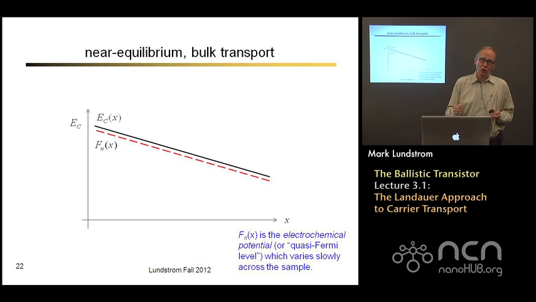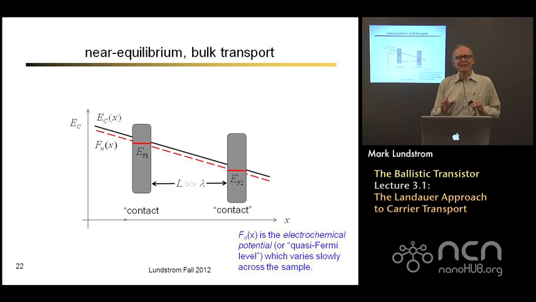If I apply a small bias to that very long resistor, I'm near equilibrium everywhere. So let me conceptually do something. Let me define this region that's near equilibrium as contact 2, and this region that's near equilibrium as contact 1, and I'll separate them by a long distance that's many mean free paths long.